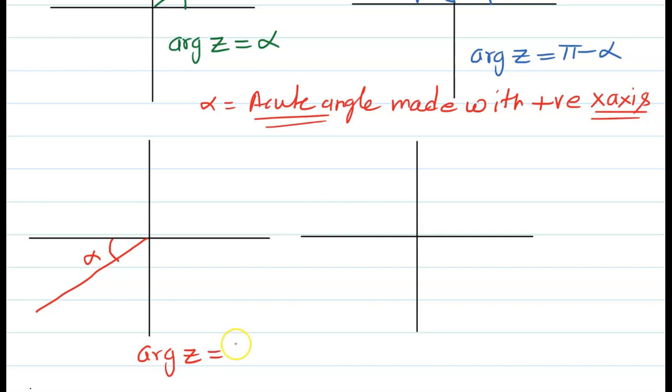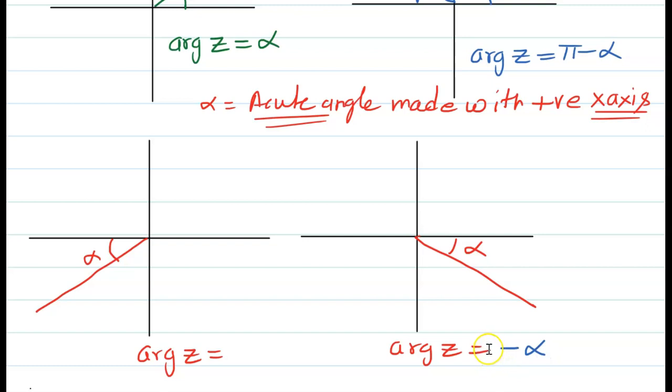what will be the argument z? And if it is here, what will be the argument z here? Any idea? Any guesses? Because it is in the negative direction, let me show you. If we are measuring anti-clockwise, it is like this, but because it is in the negative direction, you can write argument z is minus alpha.